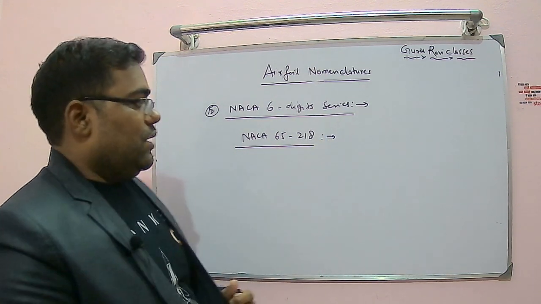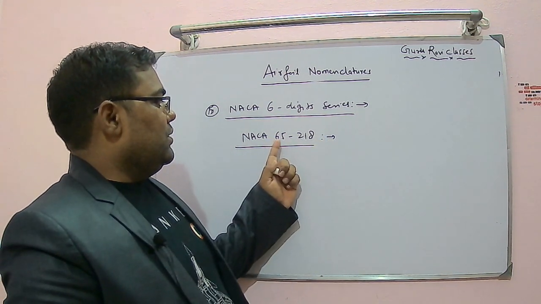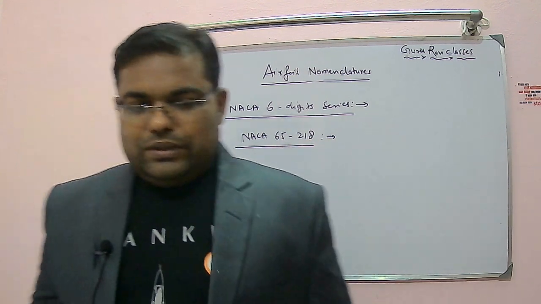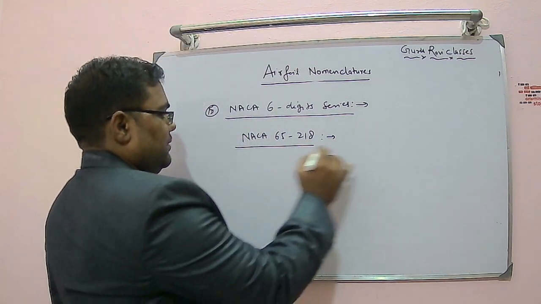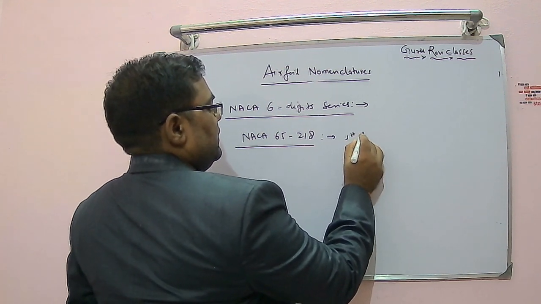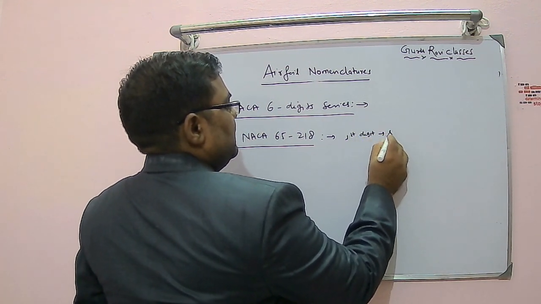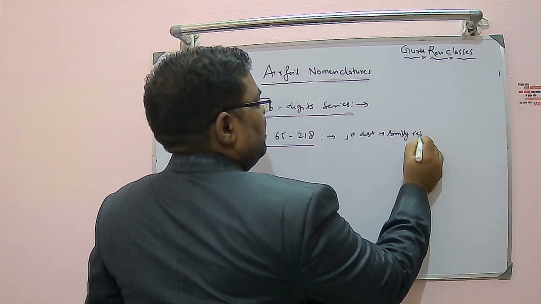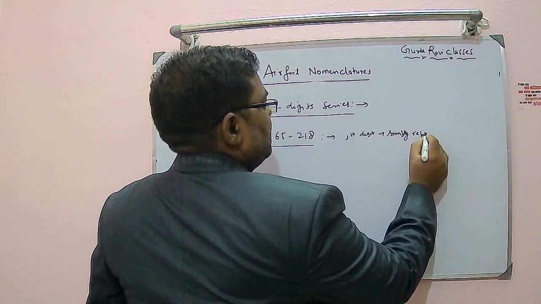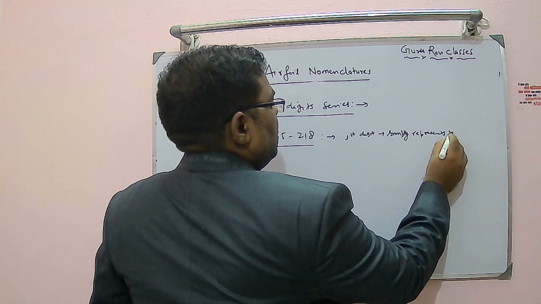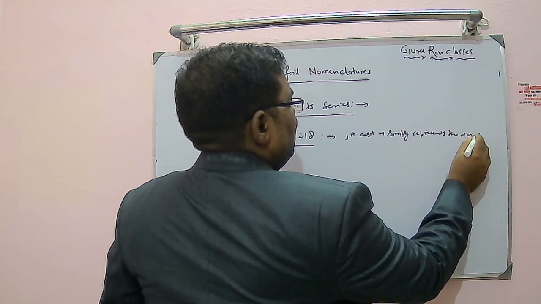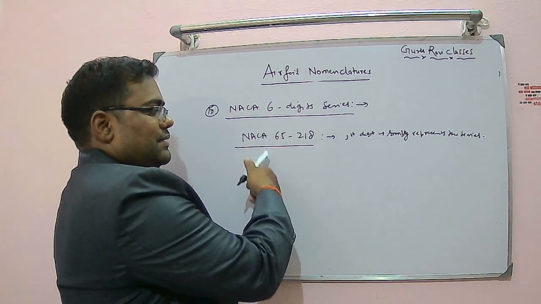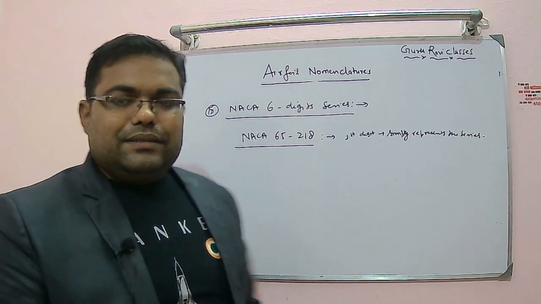Now the question will arise: where there are the 6, the 5, the 2 and a dash, and then 3 digits, so total 6 digits. The first digit simply represents the series. So here 6 is the series, right?